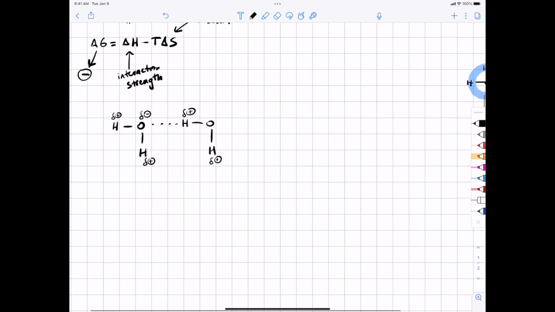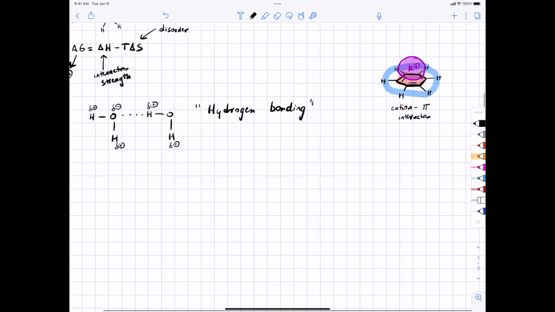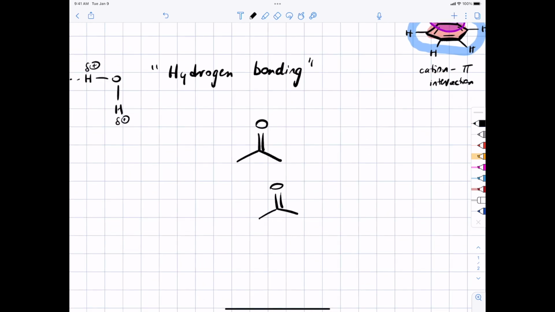I agree with you that, for example, the dipole-dipole interaction in hydrogen bonding is stronger than, say, the dipole-dipole interaction in the following molecule. So this molecule is a ketone. Its name is acetone.